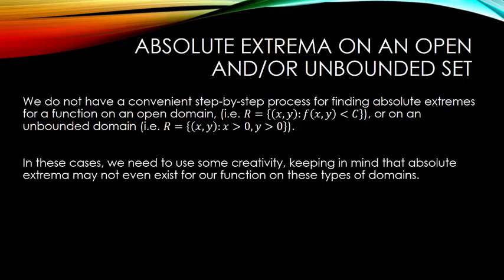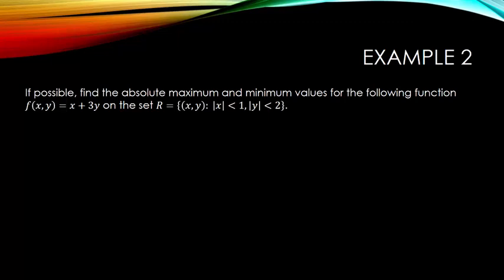In cases like this, we need to use some creativity. We want to keep in mind that absolute extrema may not even exist for our function on these types of domains. So let's work an example.